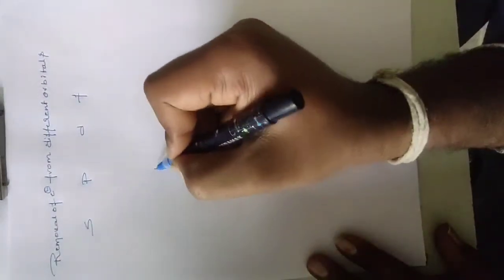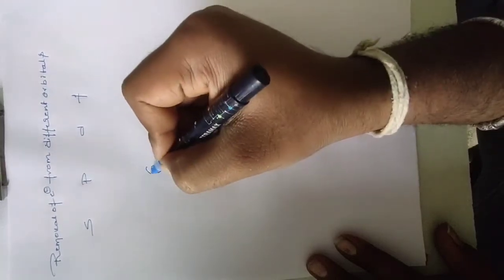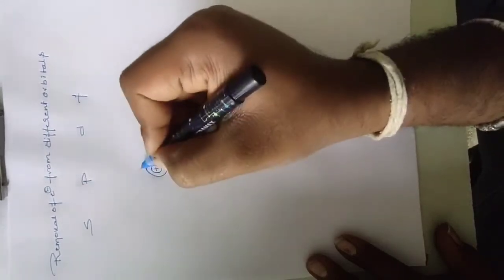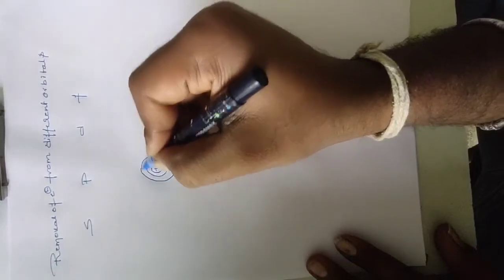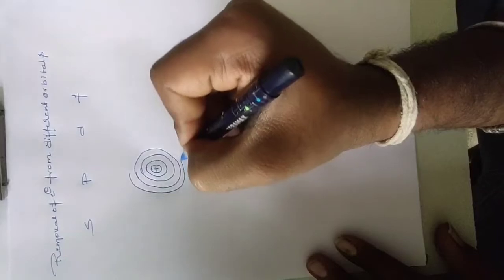You will have no doubt, because the order from the nucleus is s orbital, p orbital, d orbital, f orbital.